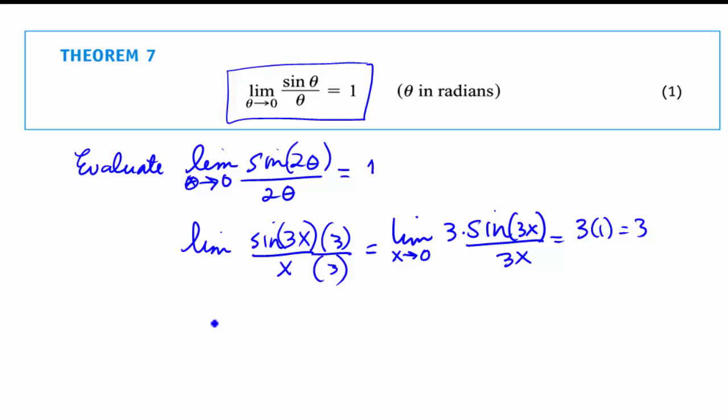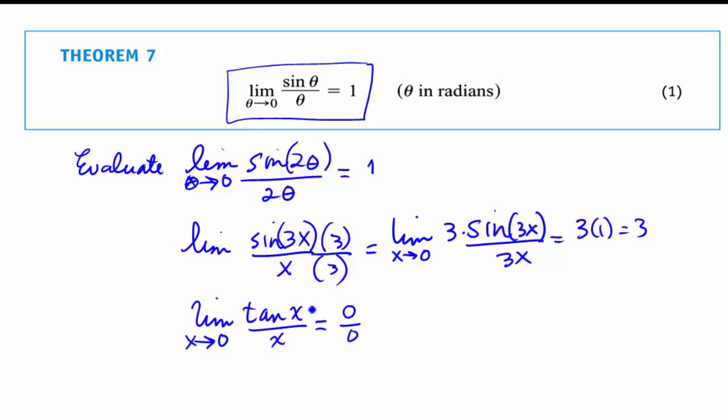So let's say, what is the limit of tangent of x over x as x approaches 0? Look at this. If we just evaluate the tangent of 0, that's sine of 0 over cosine of 0, which is 0 over 1. So that's a 0 over 0.